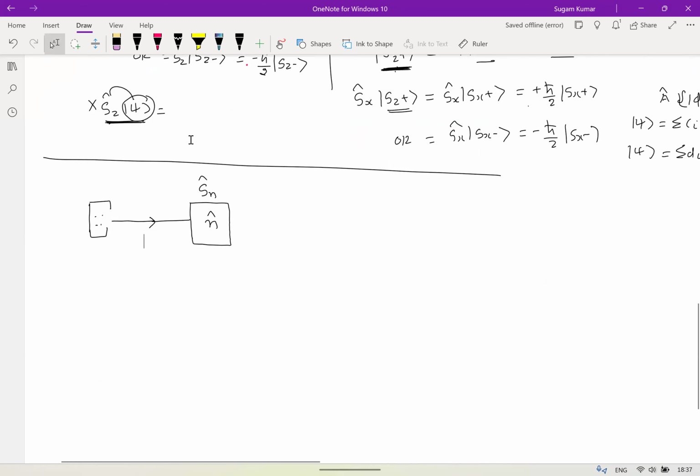Geometrically, it is something like this. Imagine that this is the X direction, Y direction, and Z direction. In the initial examples, we took the magnetic field along the Z direction. But now the magnetic field is along this direction. So let us say this is the n cap, making an angle theta along that direction.